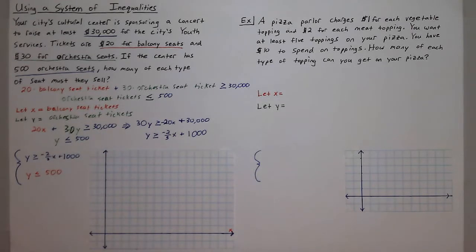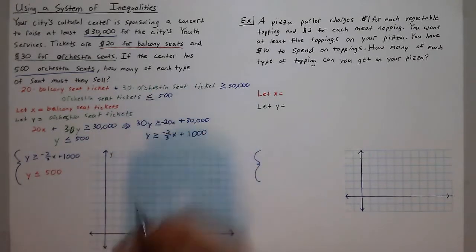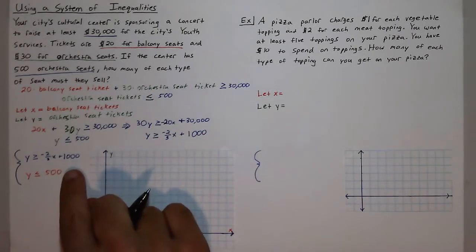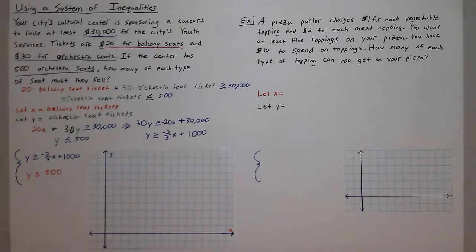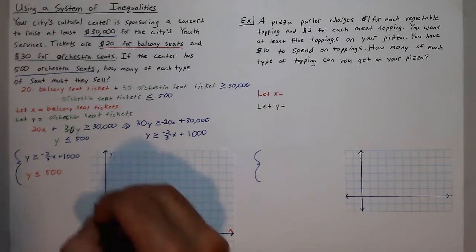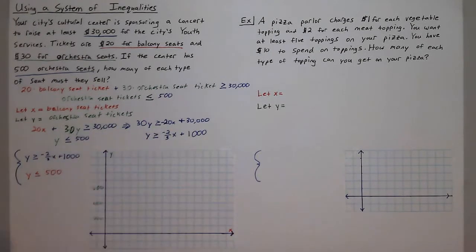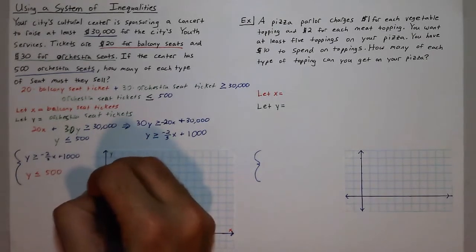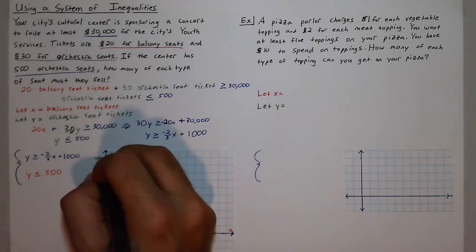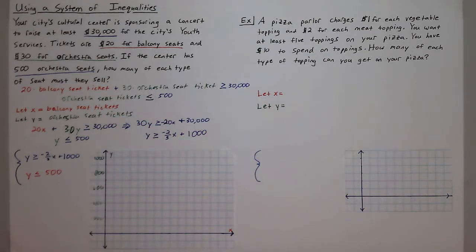So in order to graph this, I'm going to need to count by hundreds on my x and y in order to actually fit these big numbers like 1,000 and 500. So along my y-axis, I'll be counting by 100 every time, and on my x-axis, I'll also be counting by 100 every time.